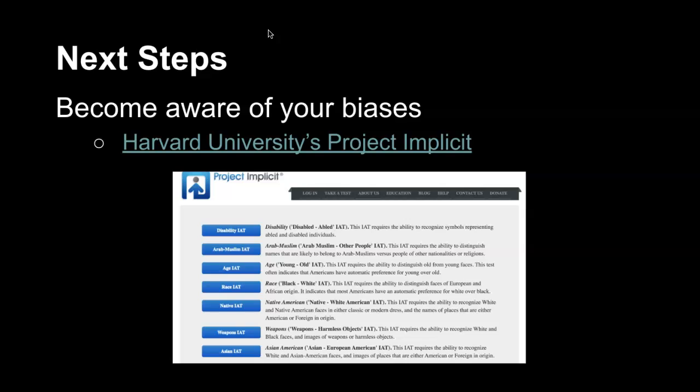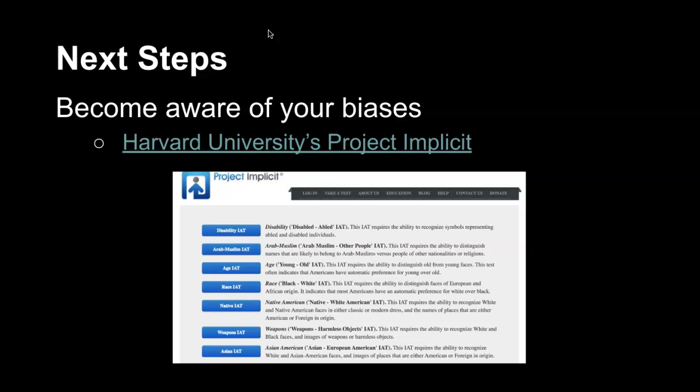And Harvard University, in partnership with Yale, the University of Virginia, and the University of Washington, has put together a series of implicit association tests, or IATs they call them, that measure implicit bias across a wide range of categories, including race, gender, body weight, religion, and disability, and many, many others. So you are welcome.